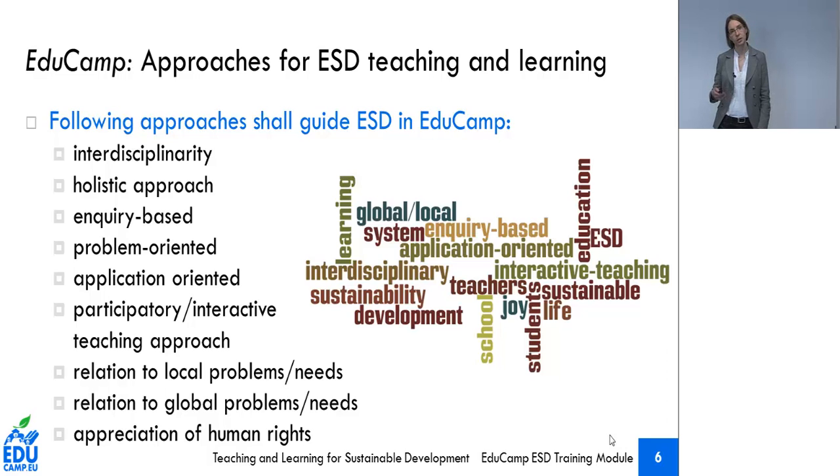It should have this holistic approach, so to get this system understanding and seeing the big picture. It should be inquiry-based, problem-oriented, also application-oriented, participatory, interactive, so that the students are really involved in the learning process.